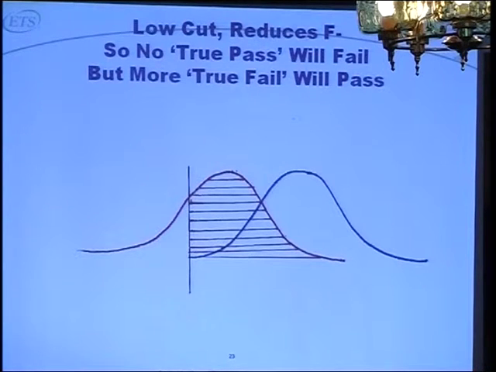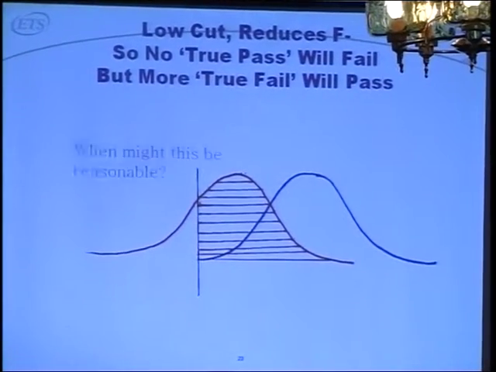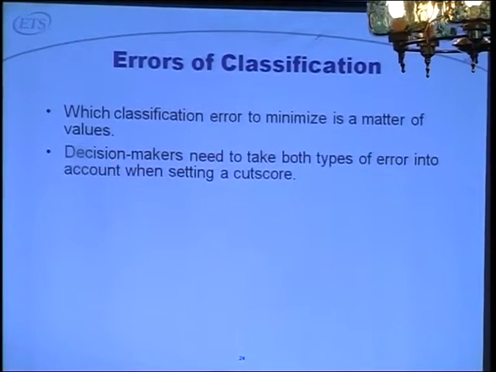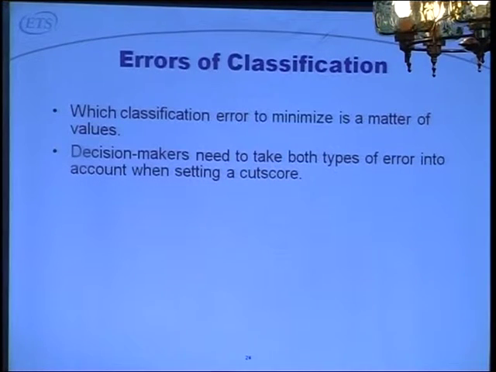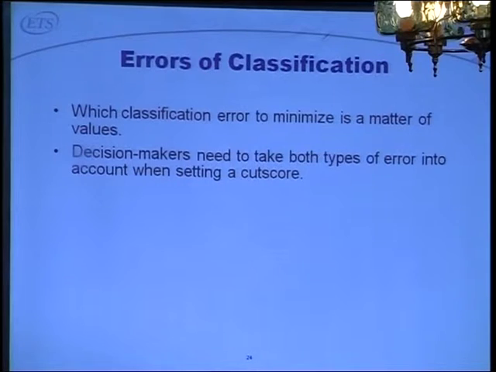But there are a lot of people who will pass that really shouldn't pass. Okay, so the whole point of this is you have to decide which type of error is more acceptable to you, and take that into account, because measurement is not infallible, you will make an error of classification, so you need to decide which type is more acceptable.